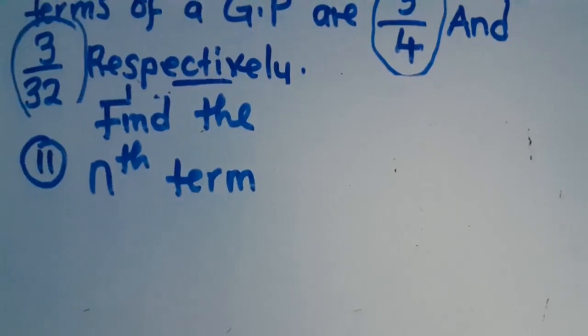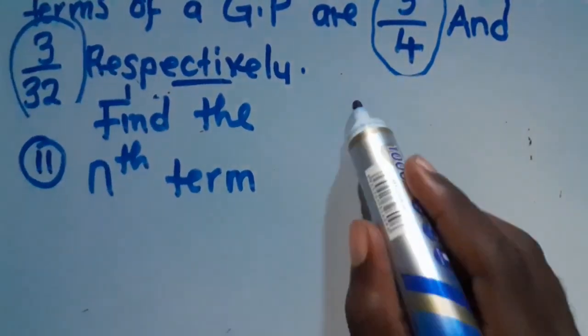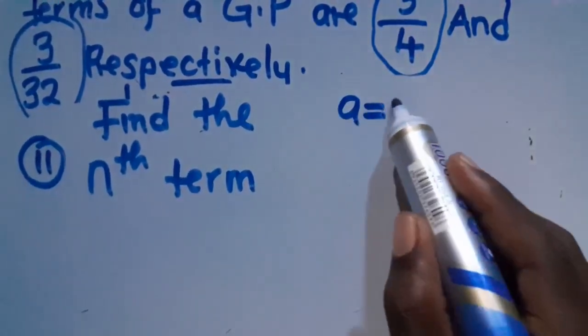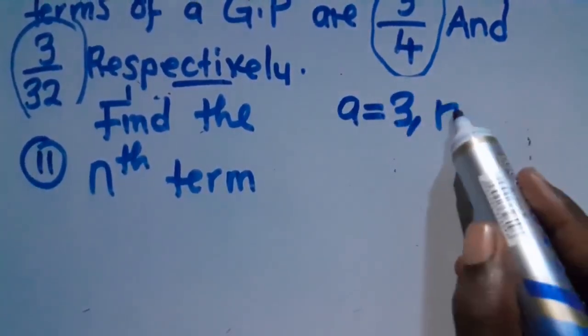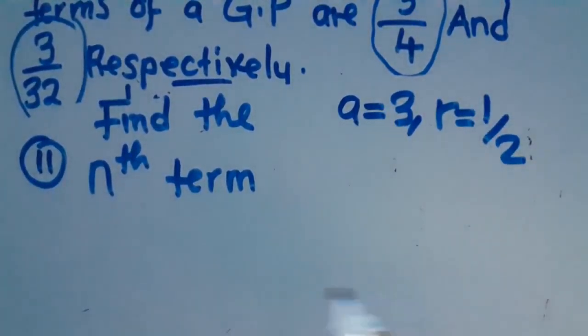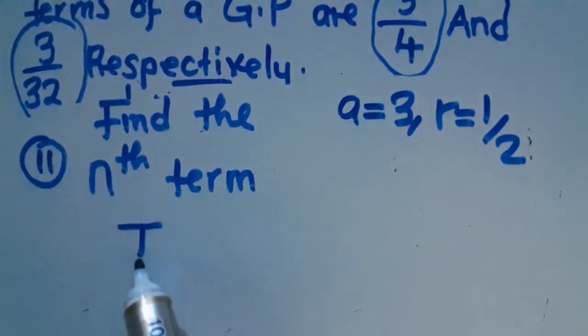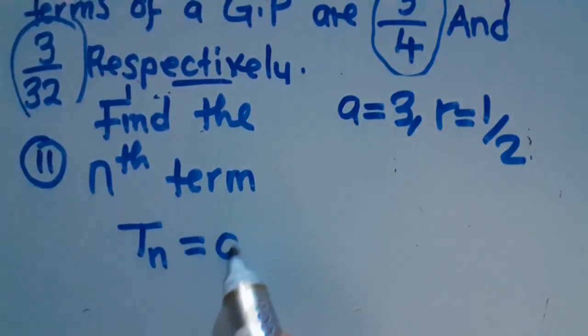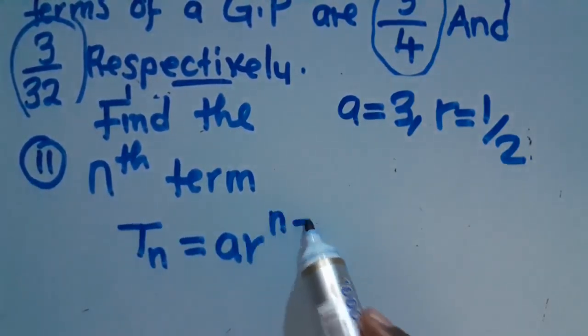The next question, you are told to find the nth term. You know that we've just found the first term is 3. The common ratio is 1 over 2, like this. So how do you find the nth term? You know that Tn is equal to A r power n minus 1.